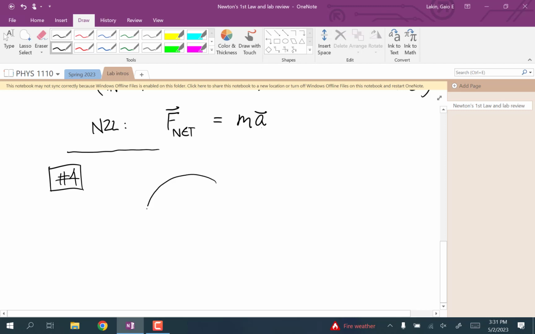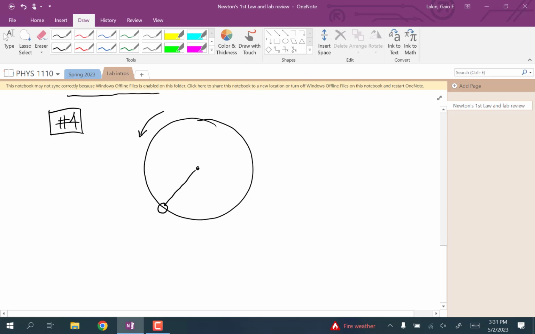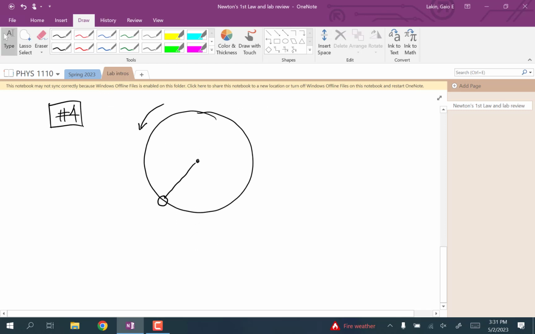is one where a body is moving around a circular path connected to a string. And so let's say it's moving around this way. Okay. Well, while the string is attached, this body is turning. And so it has an acceleration that's toward the center of the circle. But then at some point it says, now imagine that the string breaks. What happens to this body?